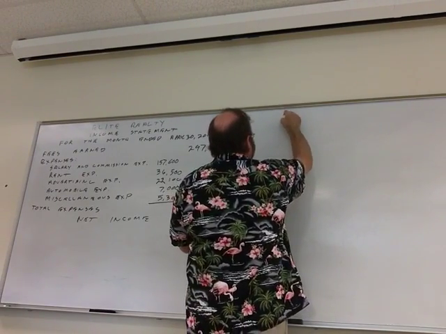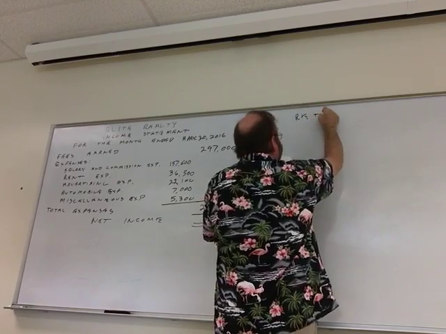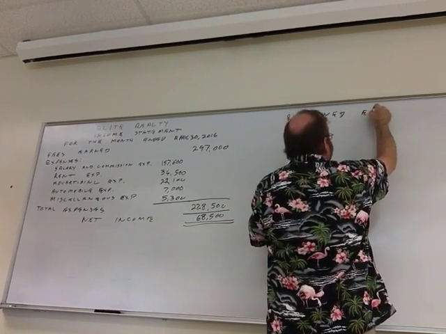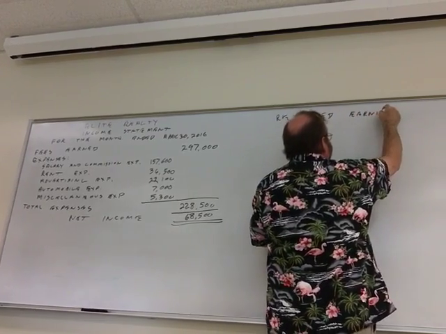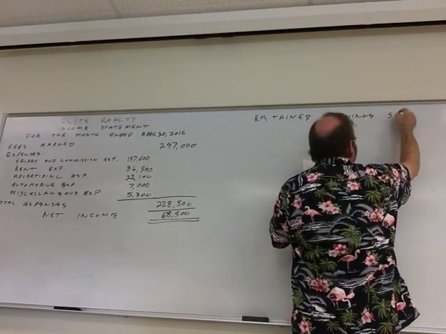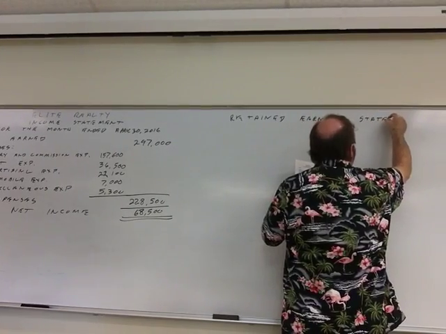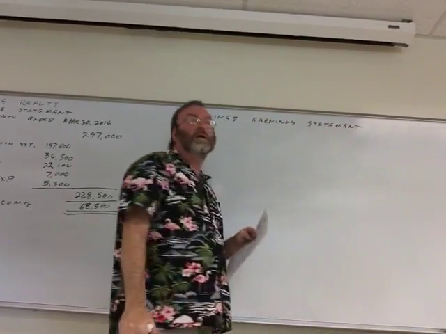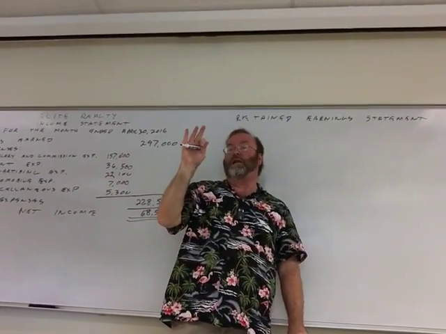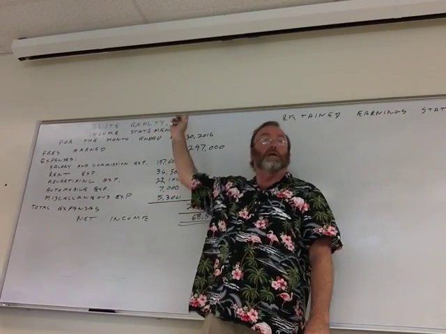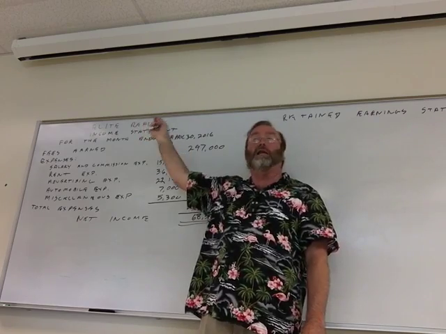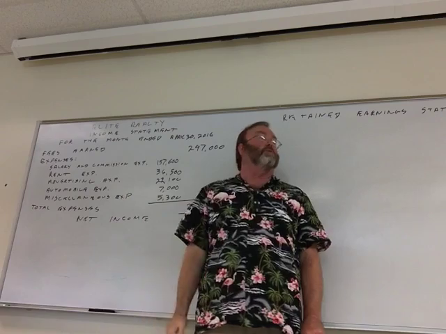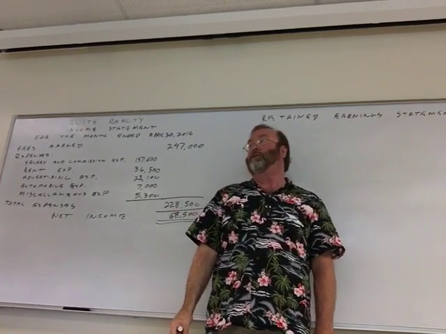The retained earnings statement, and I'm just going to write the second line of the three-line header because it's the same. It's Elite Realty on the first line, and then the third line is for the month ended April 30th, 2016.